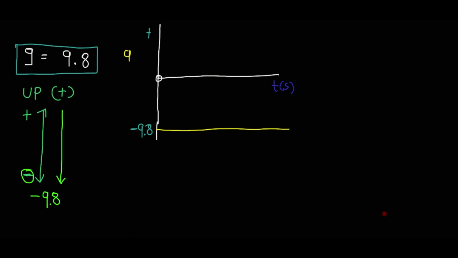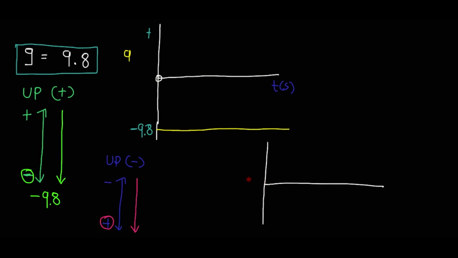But let's say we choose up as negative. If we choose up as negative, this means your downwards is positive, and our acceleration is always downwards, so this means your acceleration is in the positive direction. And then here we draw something like this.